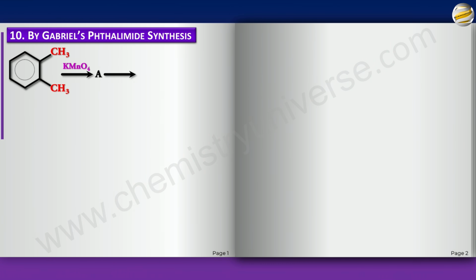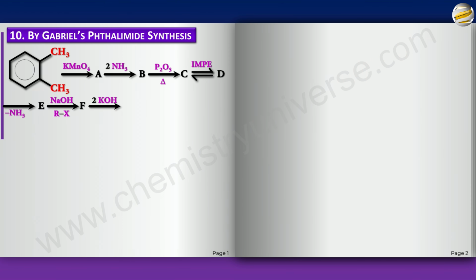Once you get A, imagine that it is reacted with 2 moles of ammonia for every mole of A. I get B. And then I dehydrate B with P2O5 and I get C. So you have to make B, you have to guess what is C, and then do intramolecular proton exchange to get D. Then on D, ammonia is removed, you get E. On this, we add NaOH, then react with RX, we get F. And F is further reacted with KOH, and you get a primary amine.